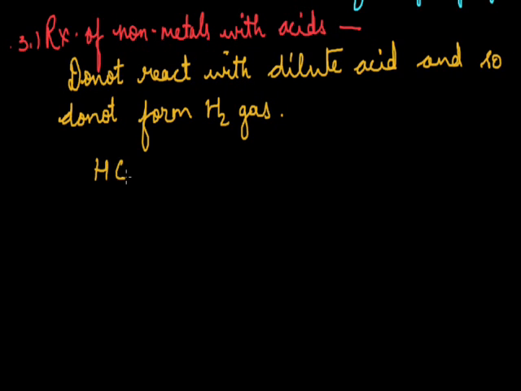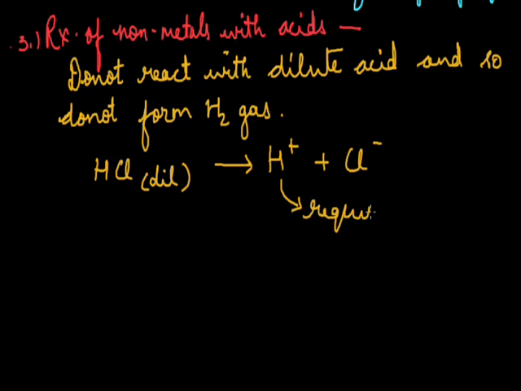The reason again here is the same. Dilute acid, suppose HCl, will dissociate into H plus ion and Cl minus ion. For formation of hydrogen gas, H plus requires an electron, and the required electron is not produced, therefore there is no formation of H2 gas.